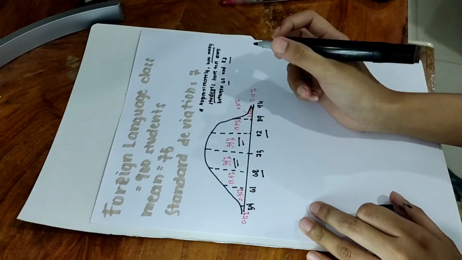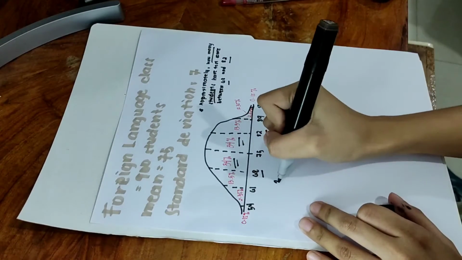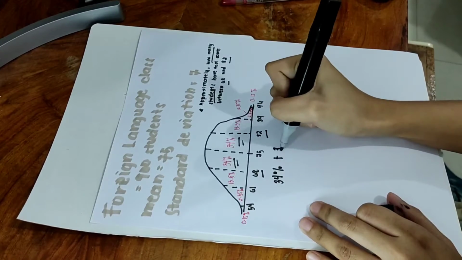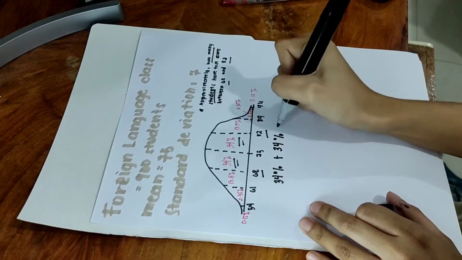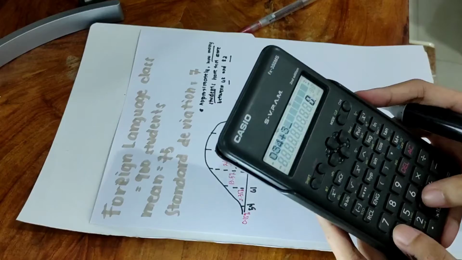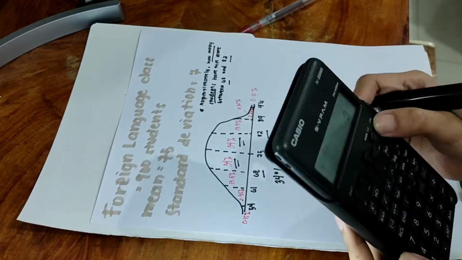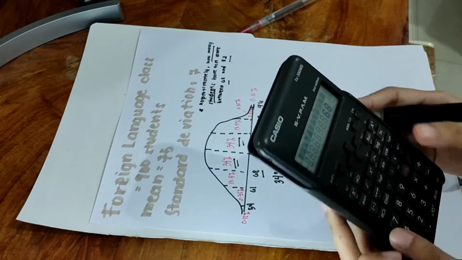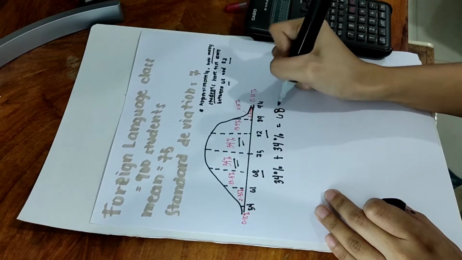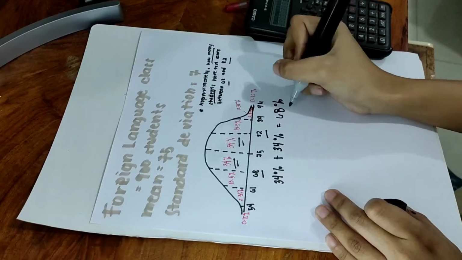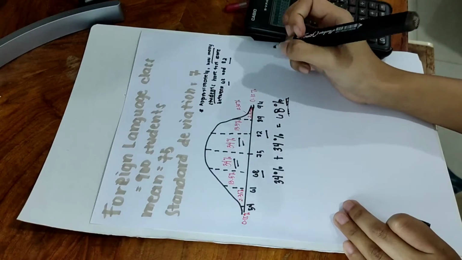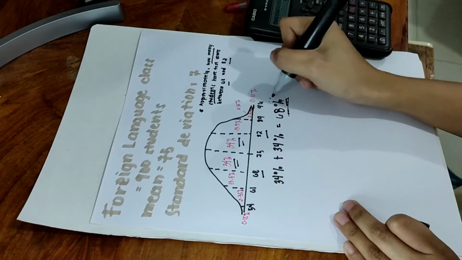Katulad nung kaninang process, you just need to add 34% plus 34%. 34 plus 34, you'll get 68%. Since percentage siya, you need to convert it to whole number or decimal. Basta matanggal lang ang percentage.